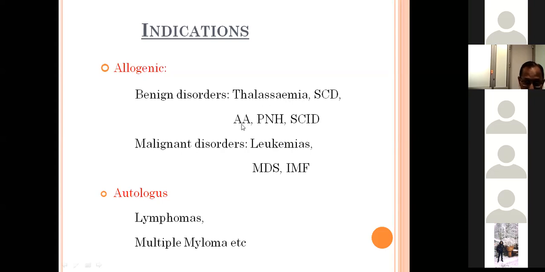So thalassemia, aplastic anemia, acute leukemia, AML, ALL, and myelodysplastic syndrome. They are the main indications in the malignant condition. What about auto? Auto is mainly indicated in lymphomas and multiple myeloma. Auto transplant.